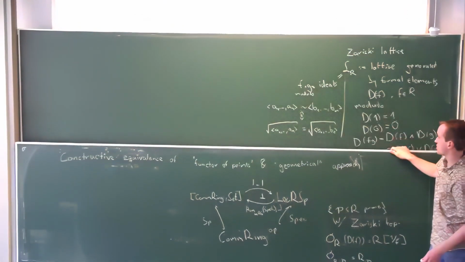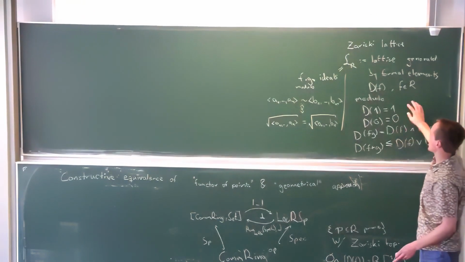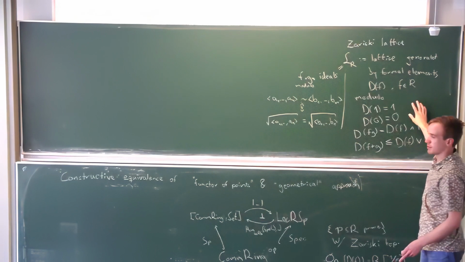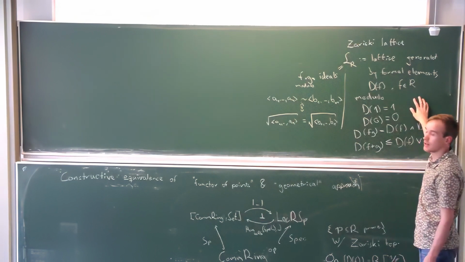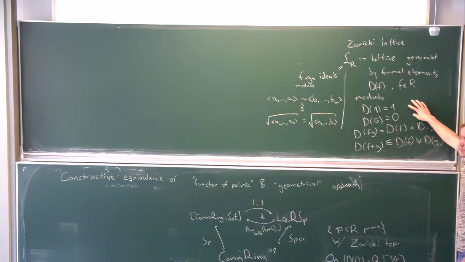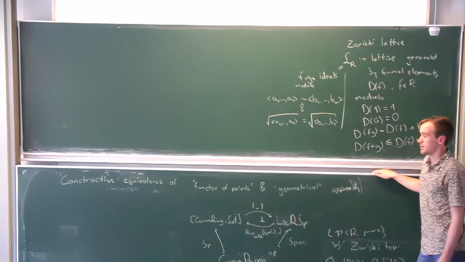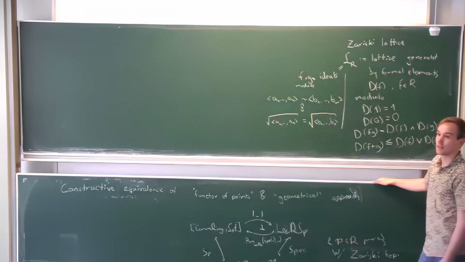And maybe also a historic remark at this point. This was done in a paper by Thierry Coquand, Henri Lombardi, and Peter Schuster in 2009. They used this construction. They did the structure sheaf, but they never said what a sheaf of local rings on a lattice is.